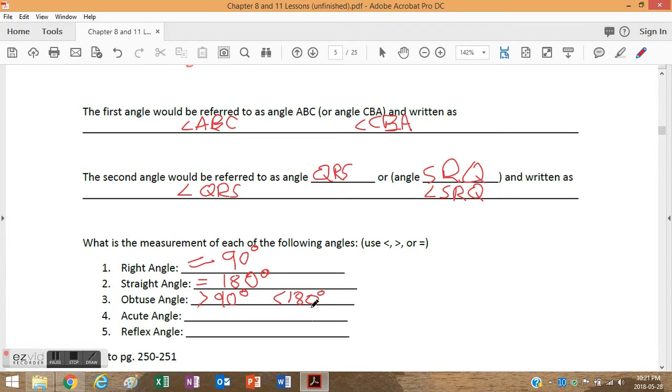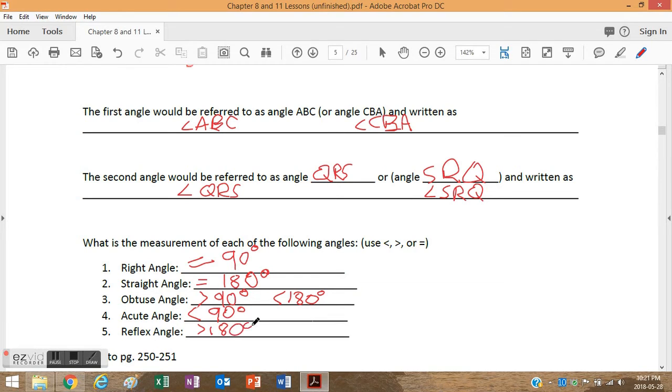An acute angle is going to be less than 90 degrees. And a reflex angle is going to be greater than 180 degrees.